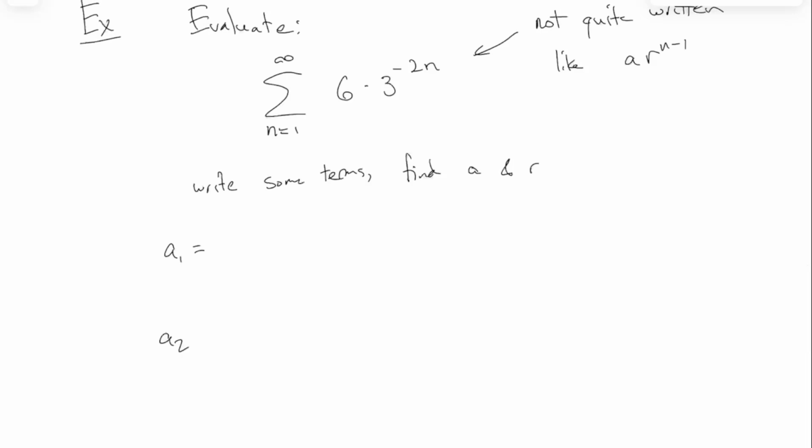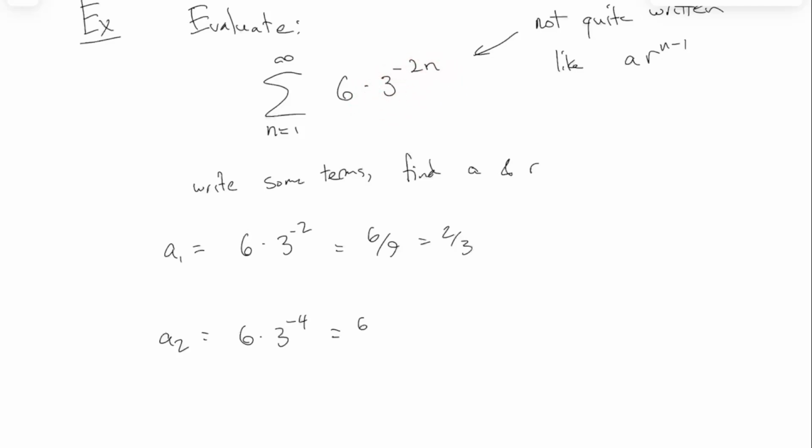So the first term, using n equals 1 there, it'll say 6 times 3 to the -2, which if you prefer, this is 6 over 9, right? Which is 2/3 if you like. And then the second term is 6 times 3 to the -4. I just plugged in here n equals 2. And then this I'll simplify a little bit too.